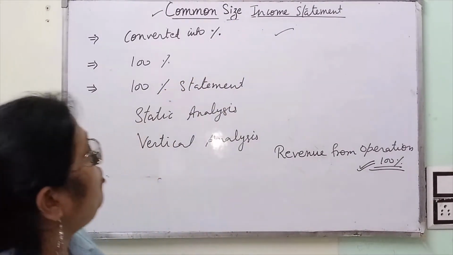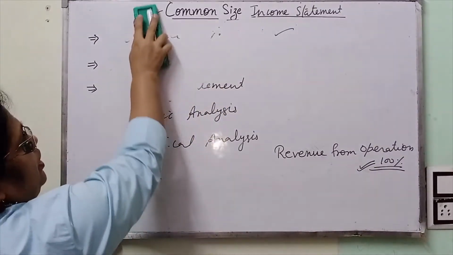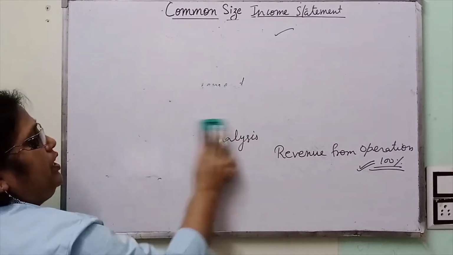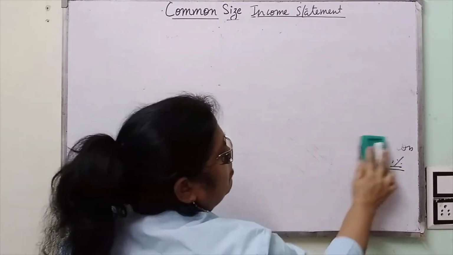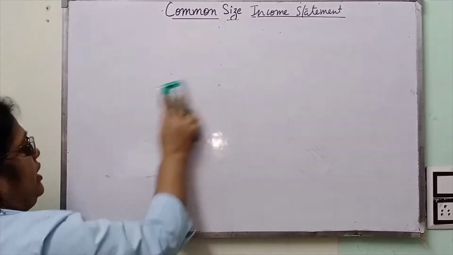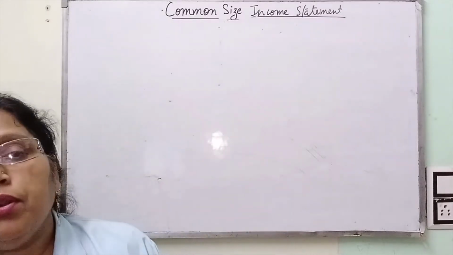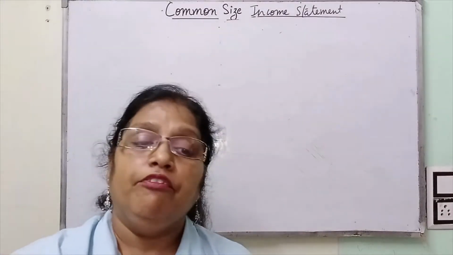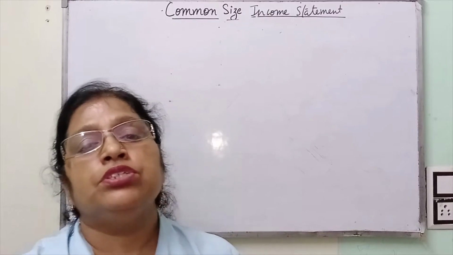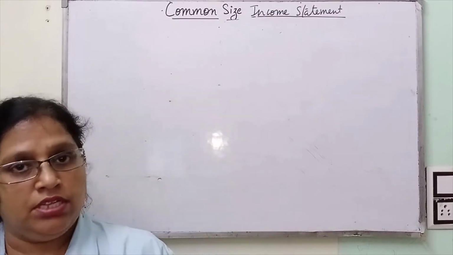Now, what is the main aim of preparing income statement? The main aim is to know the profit earning capacity of the company, or we can say to calculate profit after tax, after paying all the expenses, whether they are direct or indirect expenses.